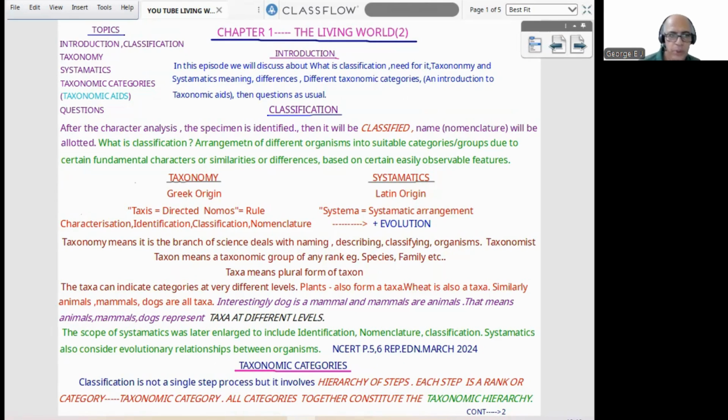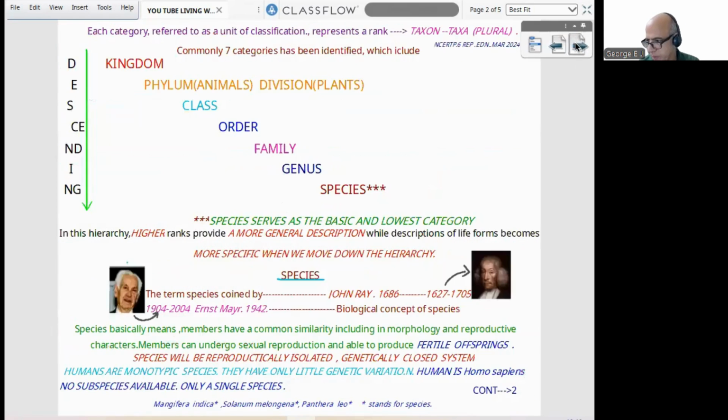Here, the second episode. These are the topics we discussed. Like an introduction, then classification and what its need is, then taxonomy and systematics, how they differ, and what the common features are. Then we entered into taxonomic categories, ascending and descending order, the hierarchy. The bottom one is species, and the upper one at maximum is kingdom.